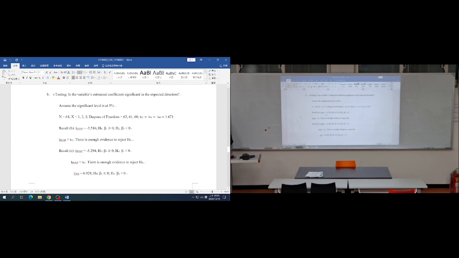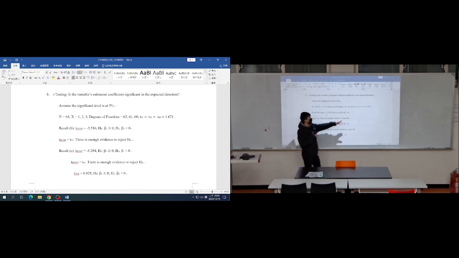So for t-testing, the second step is t-testing, and as we can see, the n is 64 in this case, and x will be 1, 2, and 3 according to how many independent variables we add in for results B, C, D. And the degrees of freedom is n minus x minus 1, so it's 62, and the same for the other two, 61 and 60.